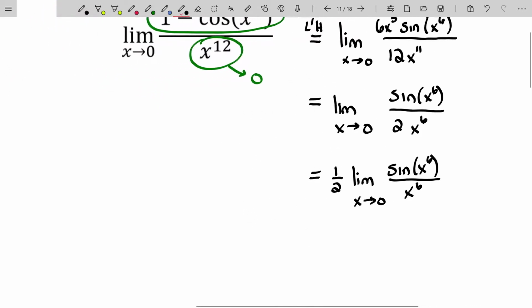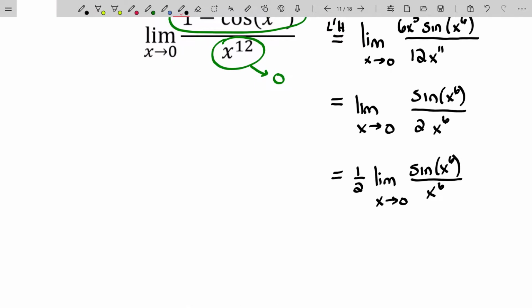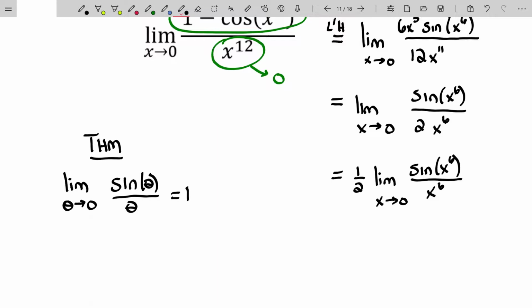But I want to remind you of a theorem from the past. The theorem is the following. The limit as theta goes to 0 of the sine of theta over theta is going to be 1. Notice that as x goes to 0, x to the 6th goes to 0.